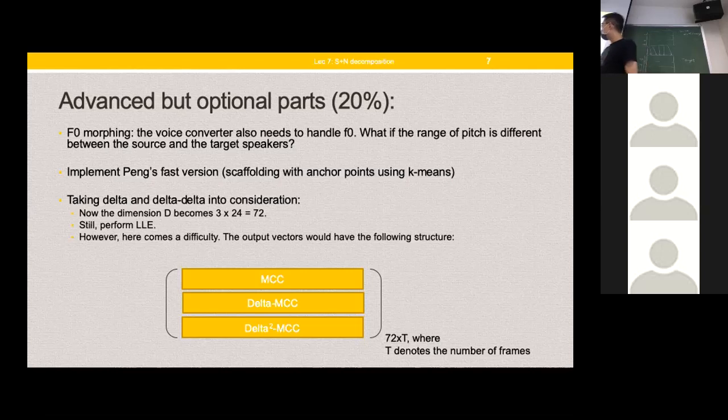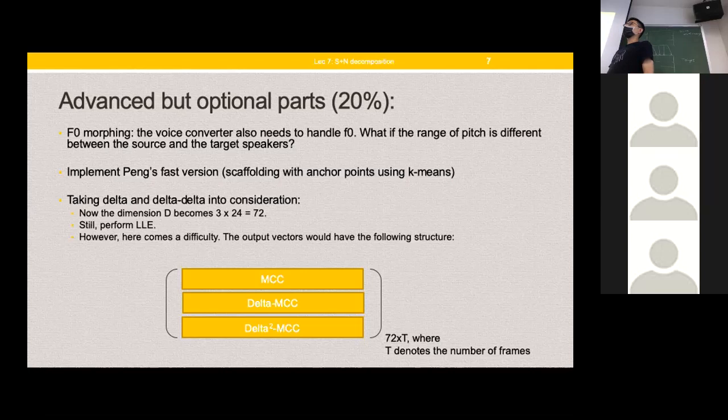If this is the set of your output frames, every frame is represented by not only MCC but also the delta and double delta. Then the difficulty is how do we synthesize the vocoder representation, given not only the MCC but also their deltas, right?